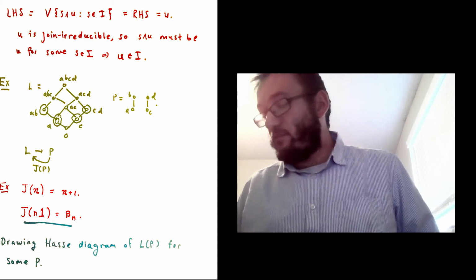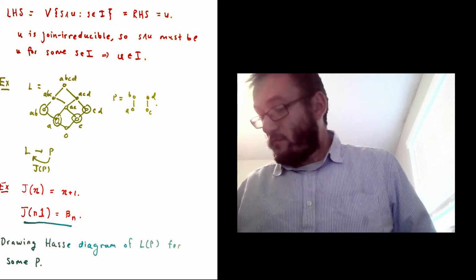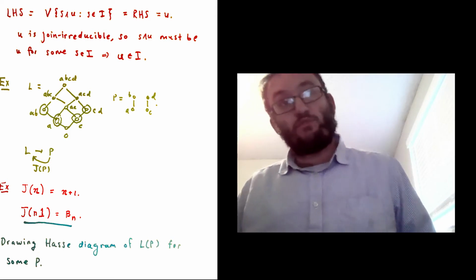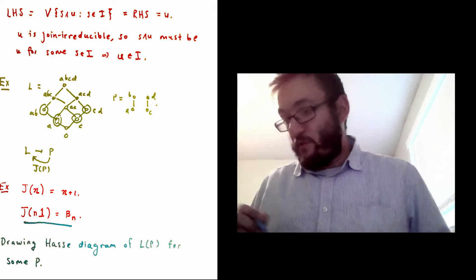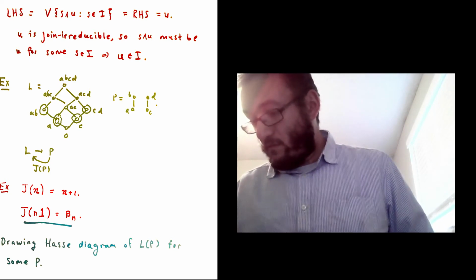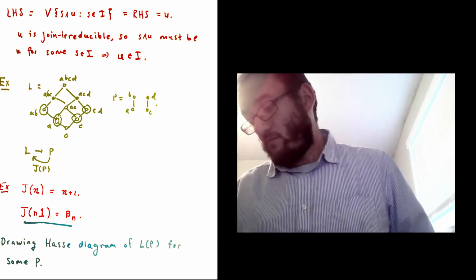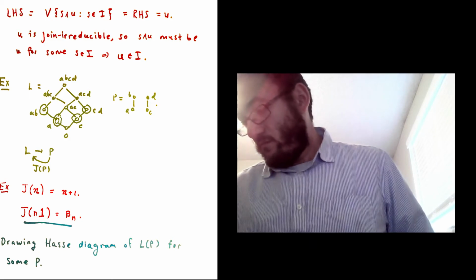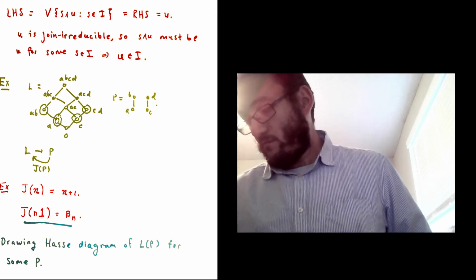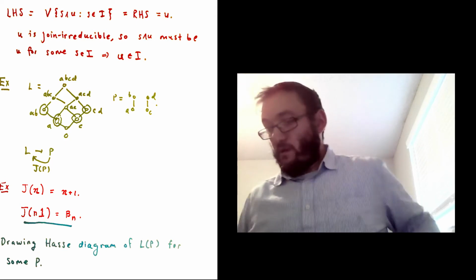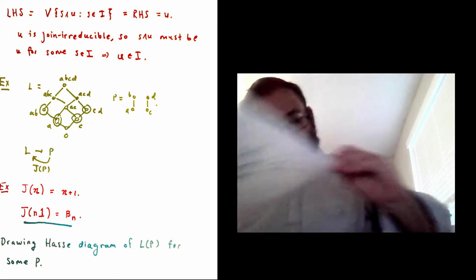So this is actually quite useful when you're trying to draw a Hasse diagram of JFP for some arbitrary poset. Let's show an example doing that.